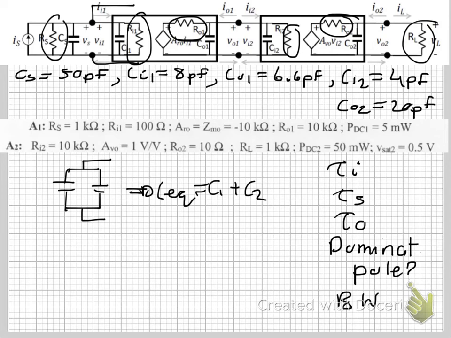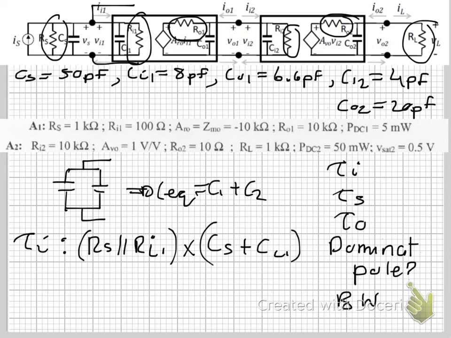So for your input time constant, you would have R of S in parallel with R of I1, multiplied by your C of S plus C of I1, right?